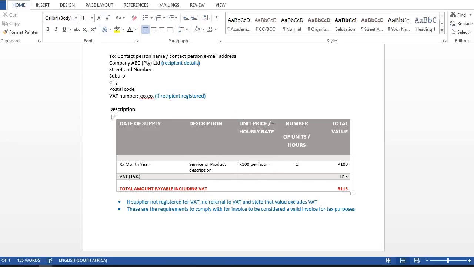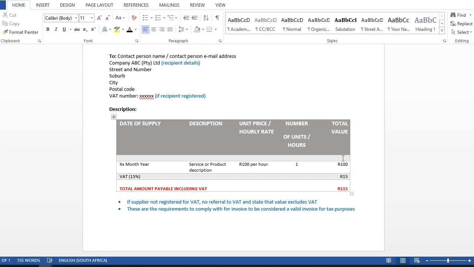And here you also need to include the unit price or the hourly rate, and then also the number of units or the number of hours that you are selling. And then obviously your unit price or your hourly rate multiplied by the number of units or hours would give you your total value. So you want to include your total value here.